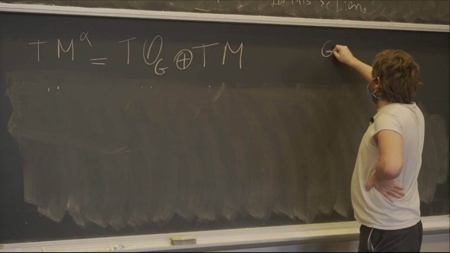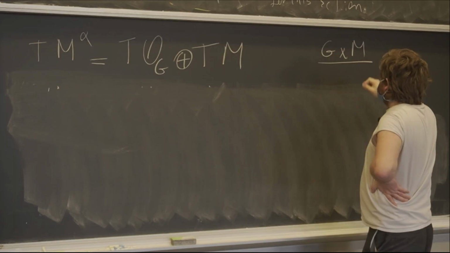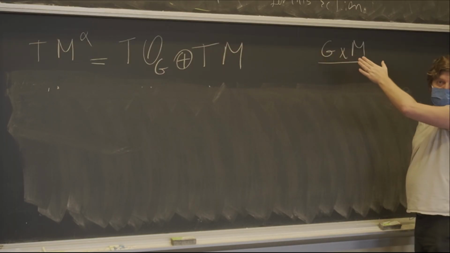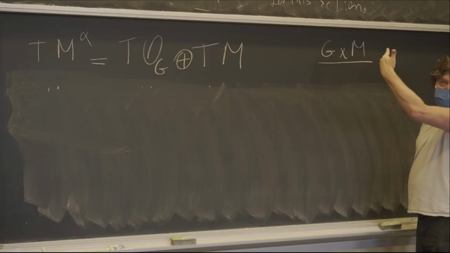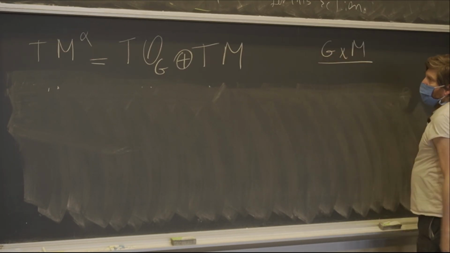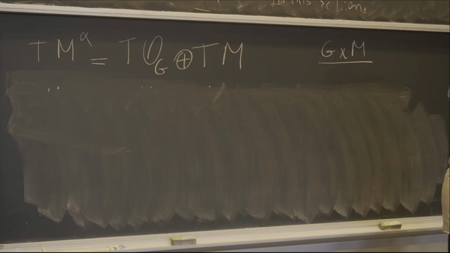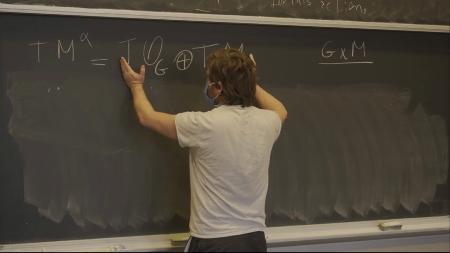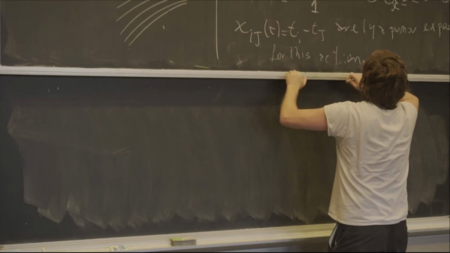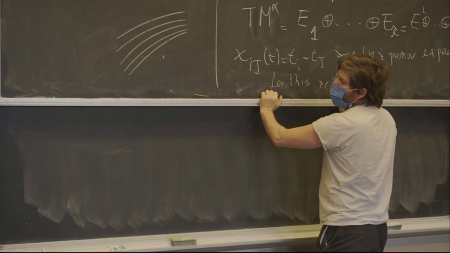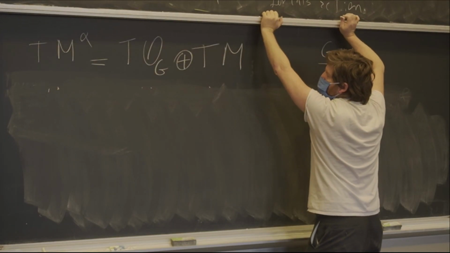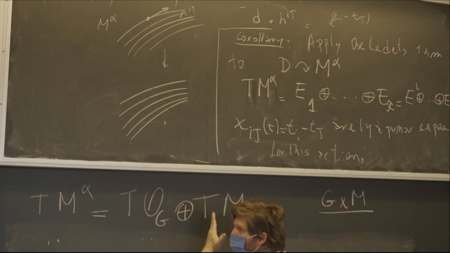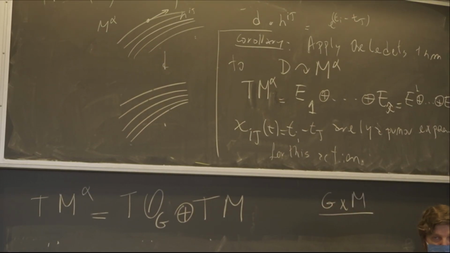Just the fact that the G times M splitting, this product structure, is preserved by my G action, not just for the dynamic, but for the whole G action. So this splitting being preserved, it means that the Oseledets splitting, this one, not the coarse, will be split into this Oseledets plus this Oseledets splitting.